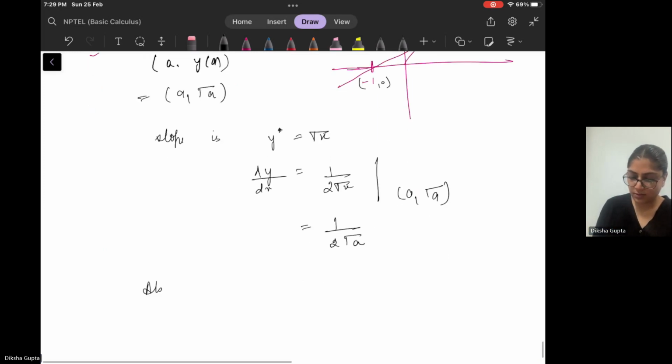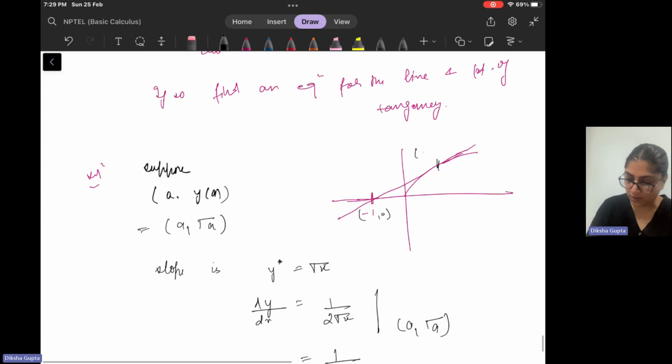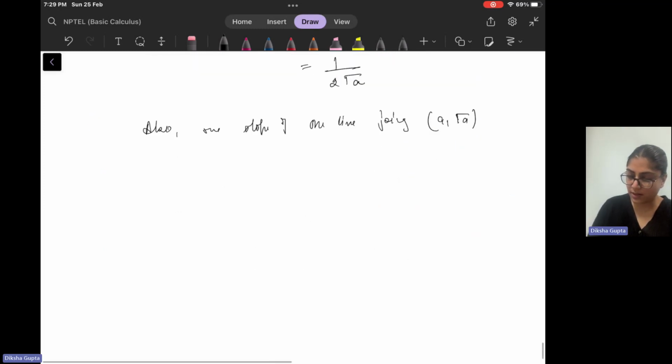Also the slope of the line joining a comma root a, meaning I have supposed this point to be a comma root a, and minus 1 comma 0. The slope of this line and the slope of this curve have to be equal. So the slope is 0 minus root a upon minus 1 minus a.